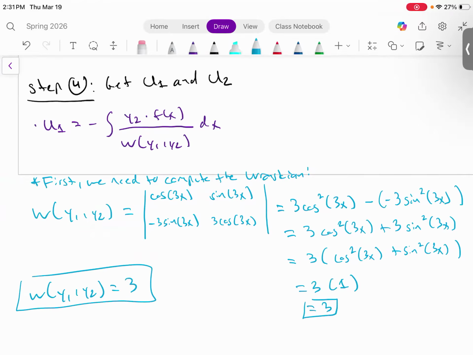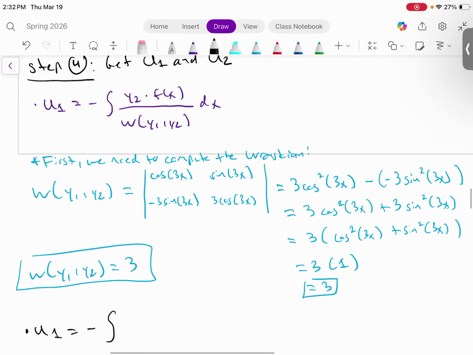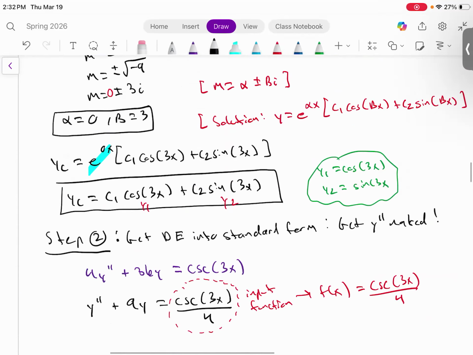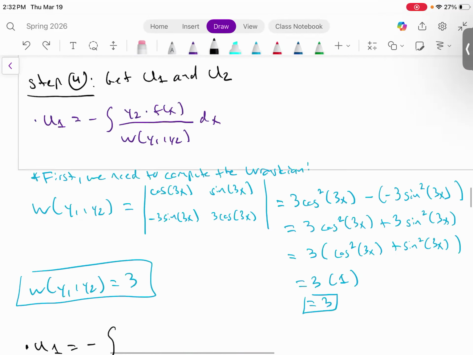Okay, so let's go ahead and figure out what u1 is. Now we have all our components. u1 equals negative integral of y2. We said y2 was sine 3x, right here. And so let's put this in our integral.